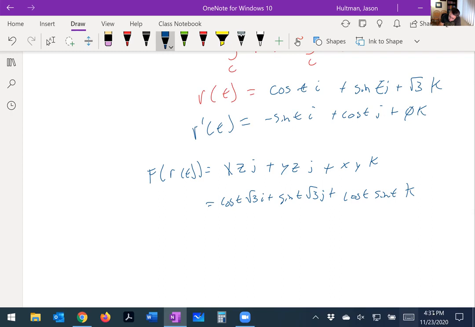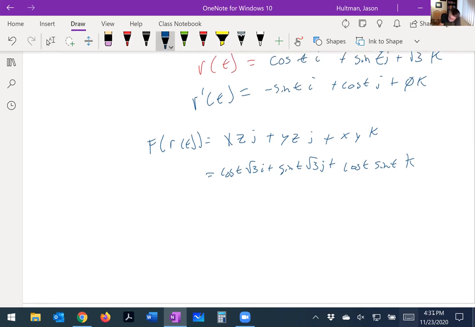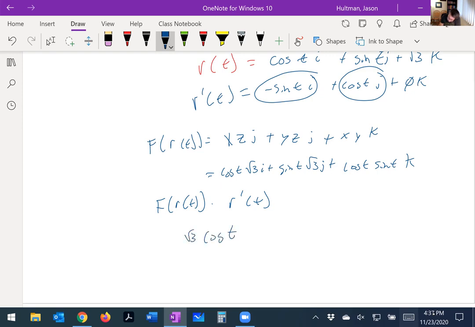Okay, so now what we want to do is dot product this. So F of r of t dotted with r prime of t. We want to dot product with the thing above it. So this is going to be radical 3 cosine t i times negative sine t, plus radical 3 sine t times cosine t. That's kind of nice.